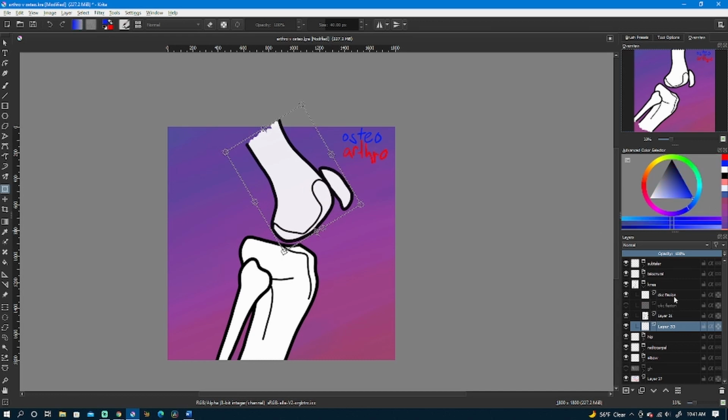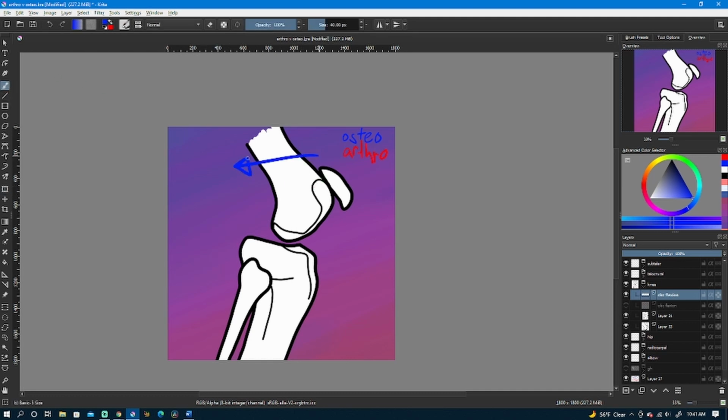And so in this case, we can see that in closed kinetic chain, the osteokinematic motion of the femur is posterior, but the arthrokinematic movement, the relationship here at the joint, is moving anteriorly.